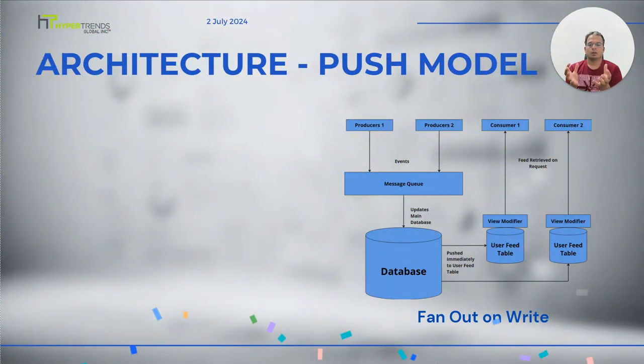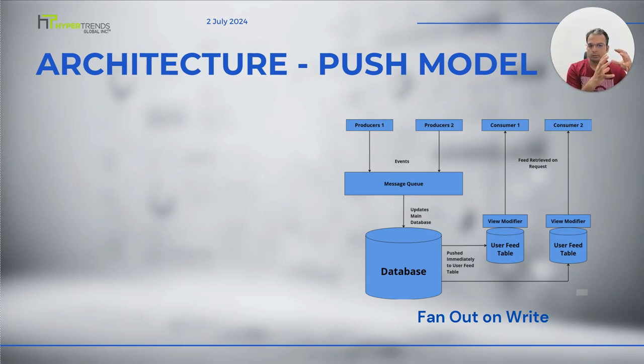This is one of the architecture models that I want to present to you. This is the push model, right? Imagine the scenario, not only for Facebook, but in general: one user who is the producer, and others who are the consumers. This is a common use case in the software industry.